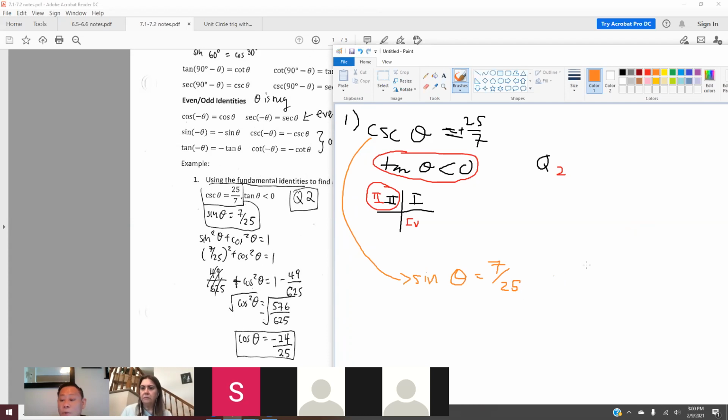Quadrant 2, don't forget, is a ribbon. Remember the ribbon? So quadrant 2 will look something like this. Sine will be 7, which is the opposite, over the hypotenuse 25. So now you need to figure out what your adjacent is.